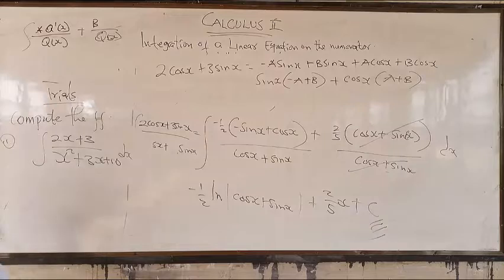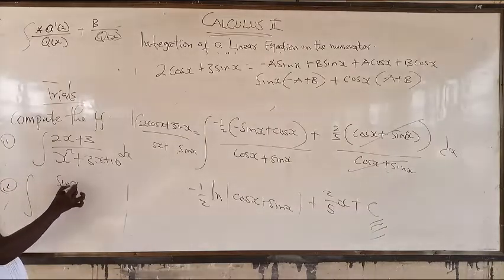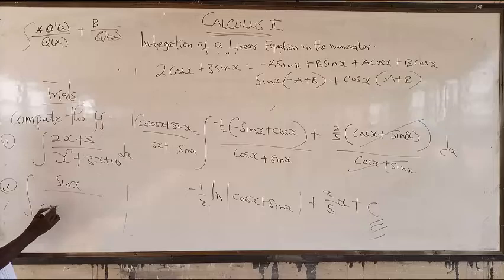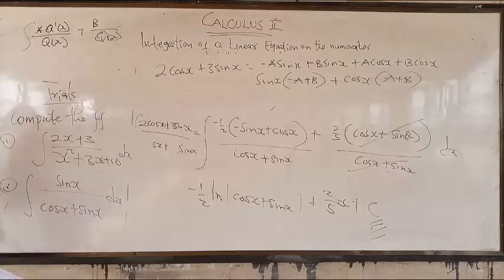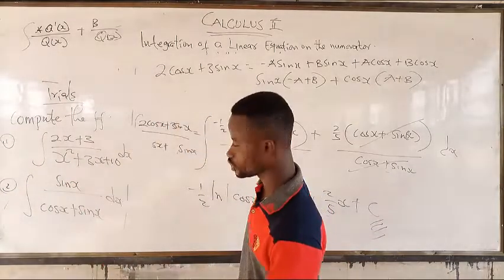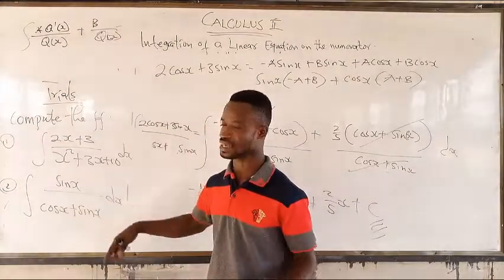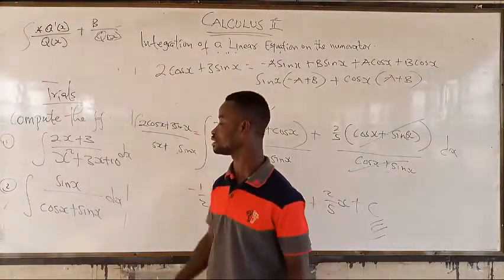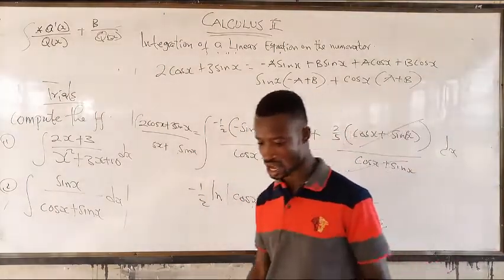And the last one is sin x on the numerator, then the denominator we have cos x plus sin x. Please, I have already assured you that it doesn't matter whether here is cos and sin. You get the denominator, and you can go by the process and you get your answer.